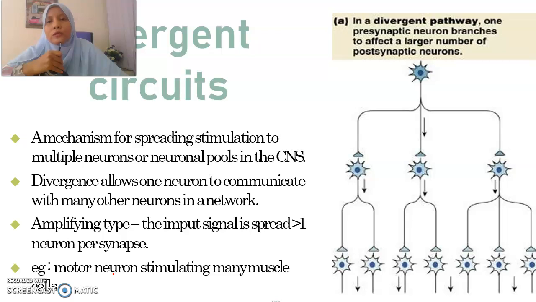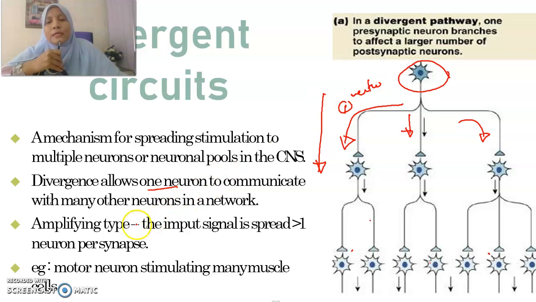So we go to the divergent circuit. Diverge means it will spread the stimulation from only one neuron into many neurons. This allows one neuron to communicate with many other neurons in one network.